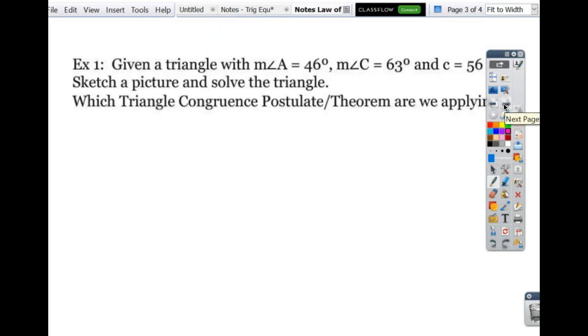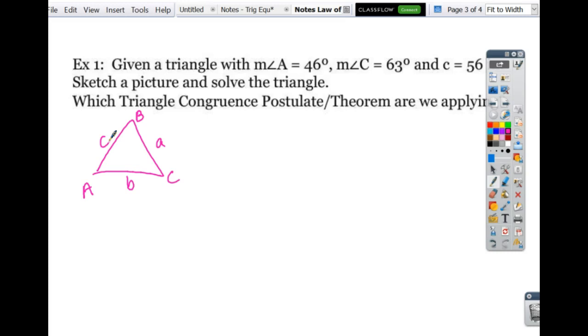So the first thing I have to do is I have to draw the triangle. Is it oblique? These are all going to be oblique. So every single one of these problems I do, I start the same way. I draw the triangle. And it's never representative because I just draw the triangle the same way every time. It's labeled the same every time, and then I fill in what I know.